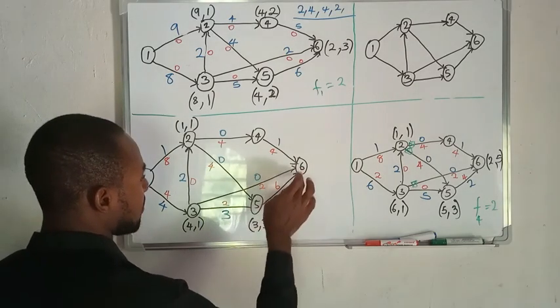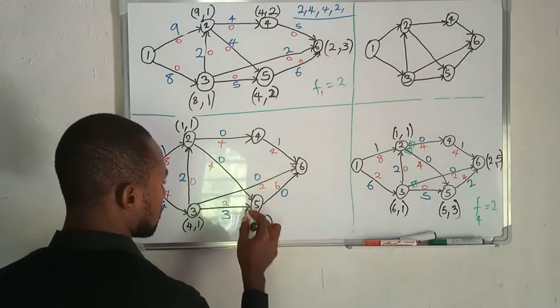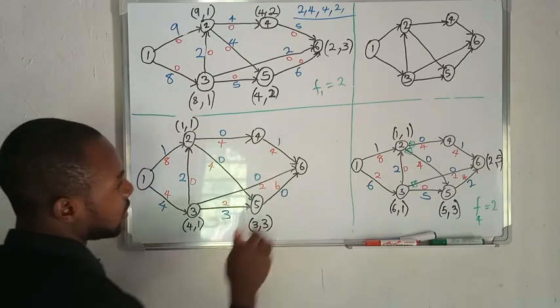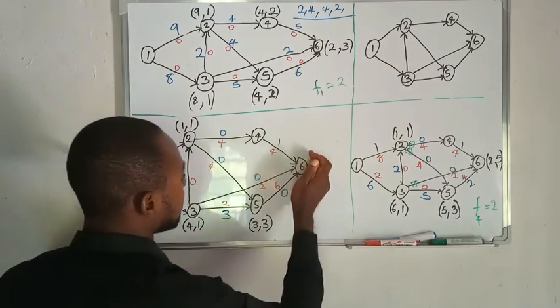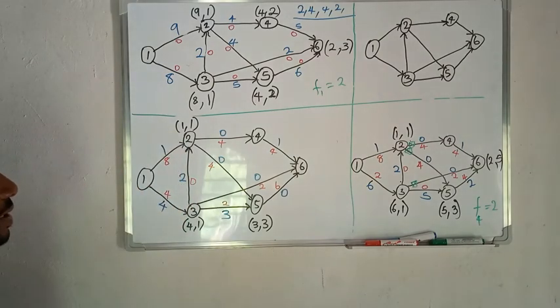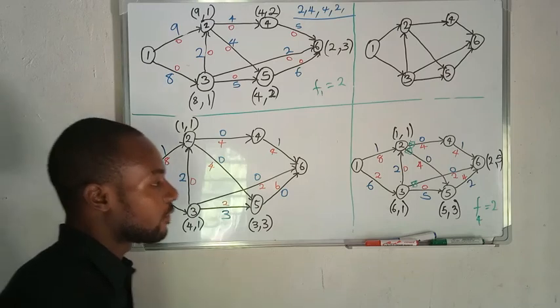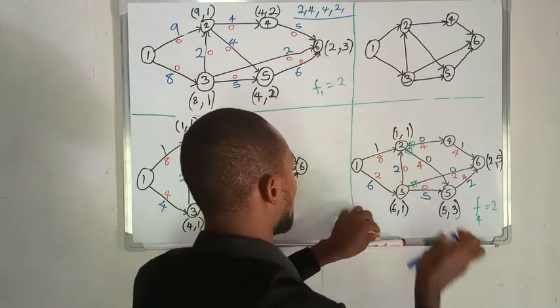No, 5 cannot label any other node. And so we see that we cannot label the sink node, and that is where we stop using the label algorithm method.